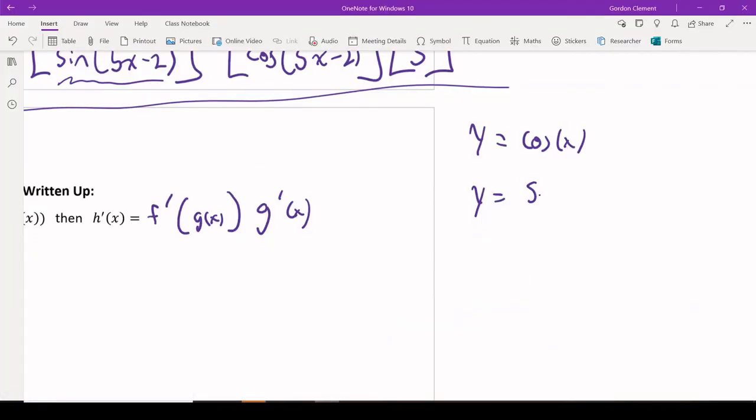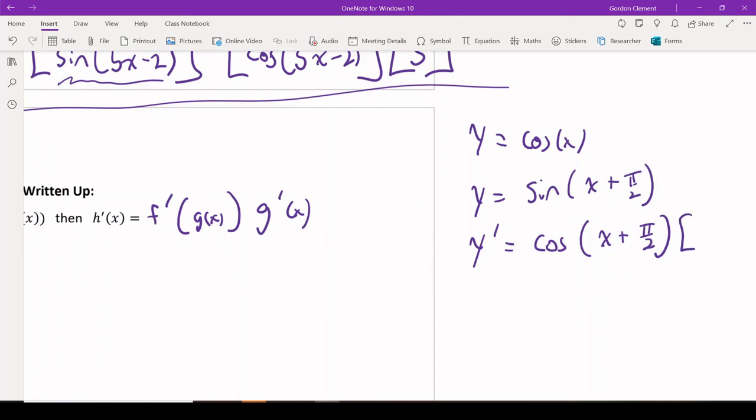So you rewrite cos as sine of x plus pi by 2. Chain rule, derivative of sine is cos. Leave the inside function there. Multiply by the derivative of the inside, which is 1. So there's our derivative of cos. It's the cos of x plus pi by 2.